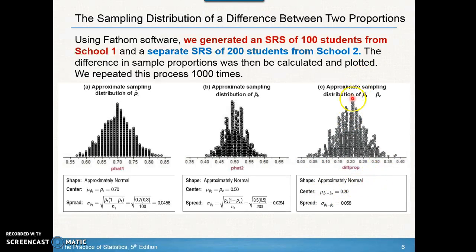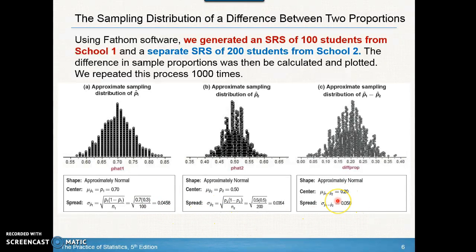Let's take a look at the center of this one. The center of the sampling distribution, where I subtracted p hat 1 minus p hat 2, is 0.2, and the standard deviation is 0.058. We're going to look at how these are related to these 2 sampling distributions.